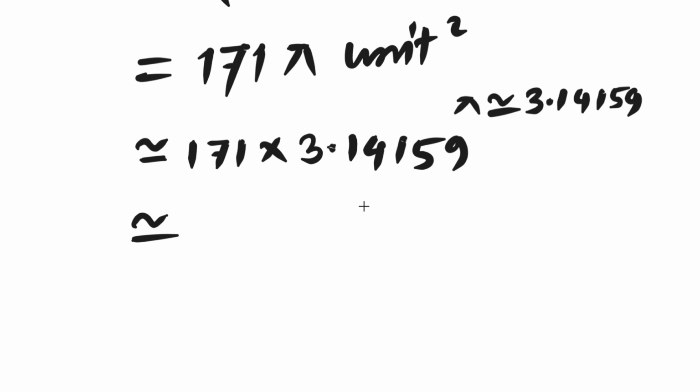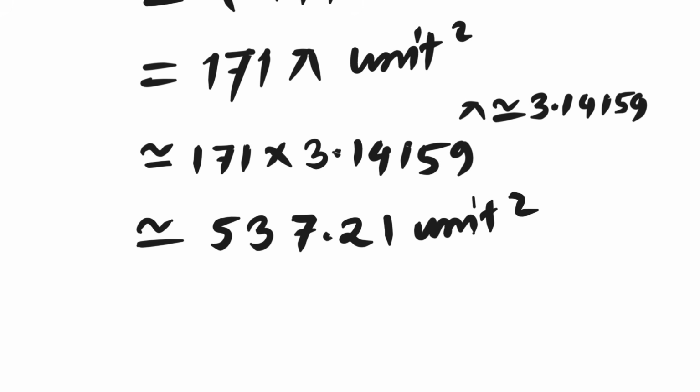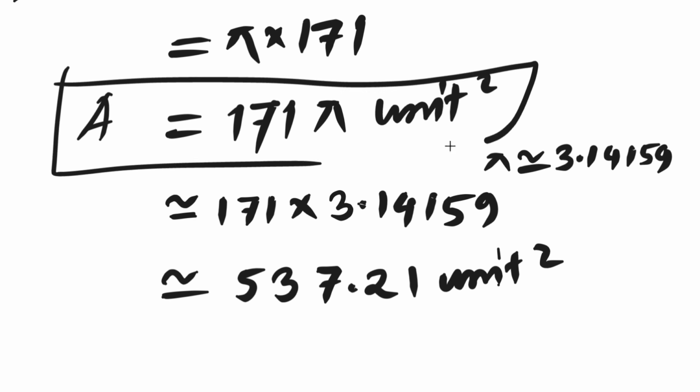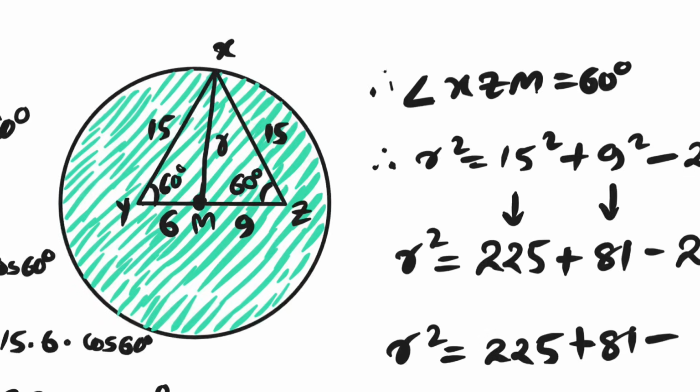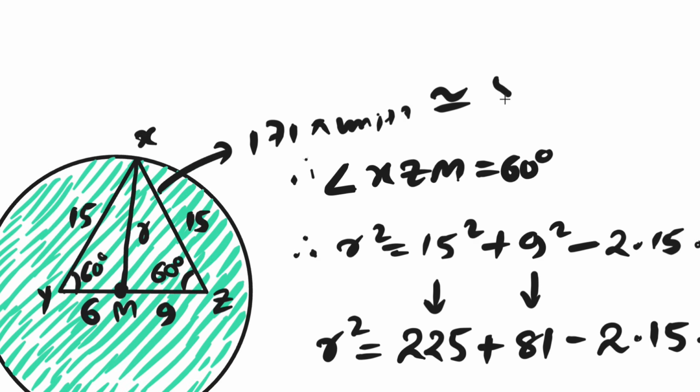Carrying out that multiplication gives approximately 537.21 square units. So our final result is that the exact area of the circle is 171 pi square units, and the approximate area is 537.21 square units.